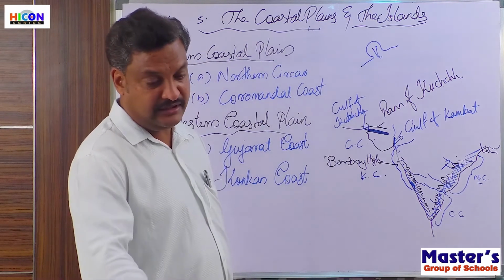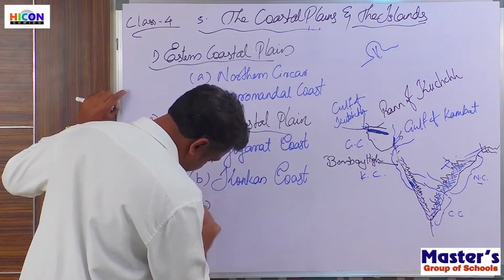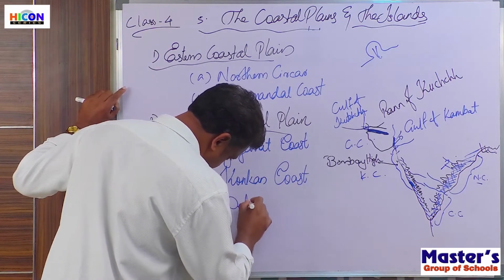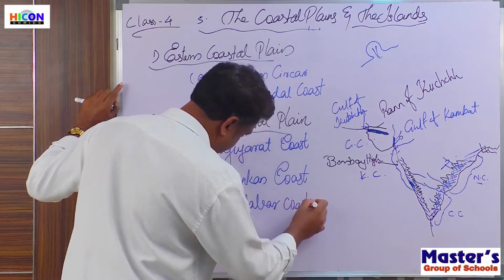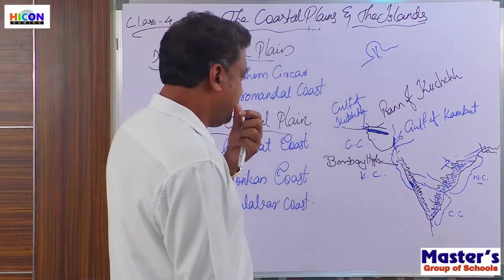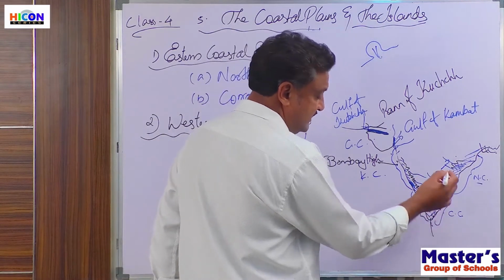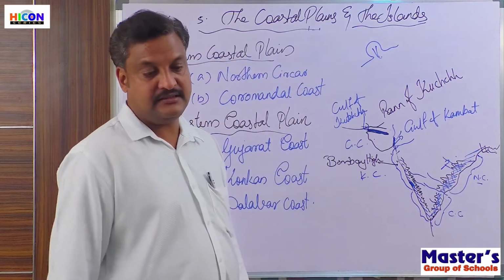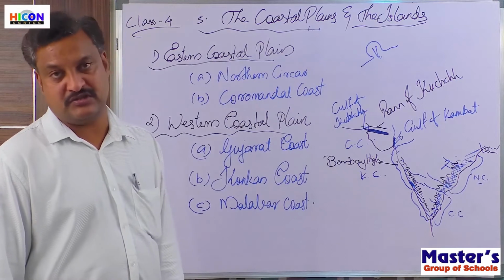Now the third one is the Malabar Coast. So from the edge of Goa till Kanyakumari is what the Malabar Coast is.